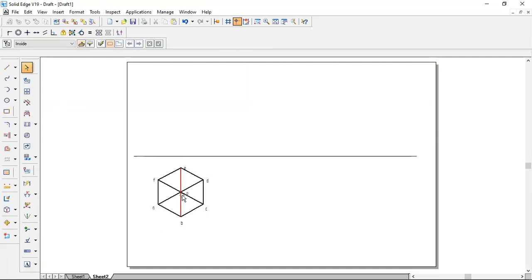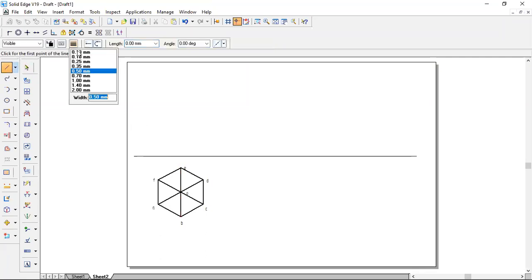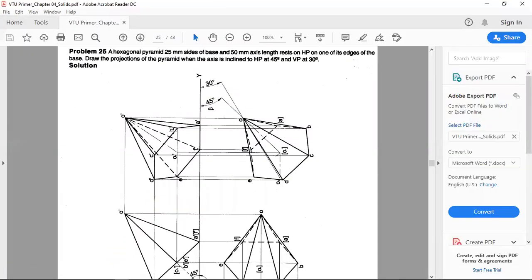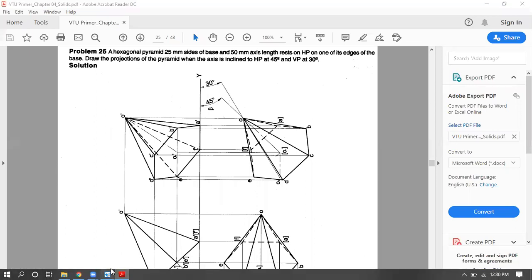next the front view is to be drawn by projecting from the apex O. It should be a construction line, so 0.13. From this midpoint, go vertically up, then go to the height given. The axis height is given as 50 mm.